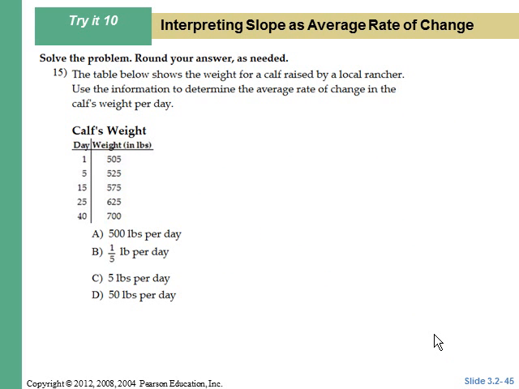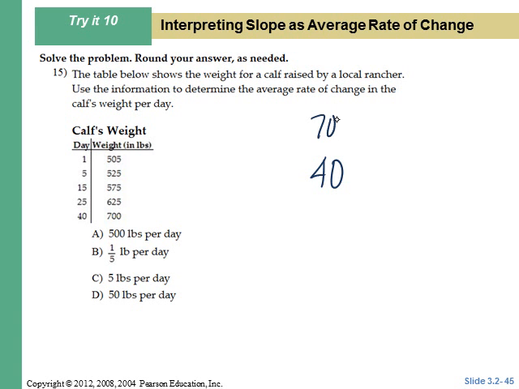Forgot about this. Average rate of change in the calf's weight per day. Okay, so after day 40, change in y is pounds. We have to do pounds on top.